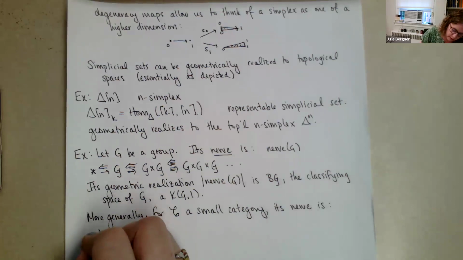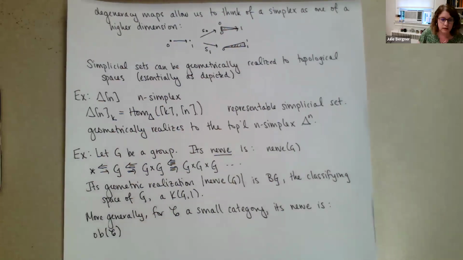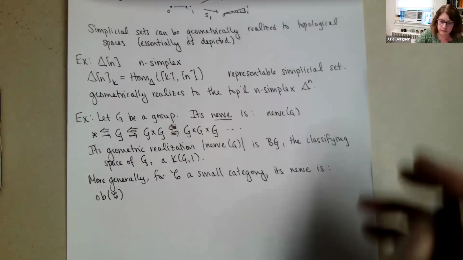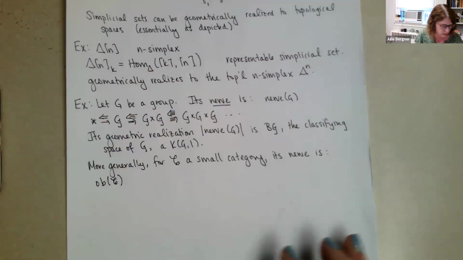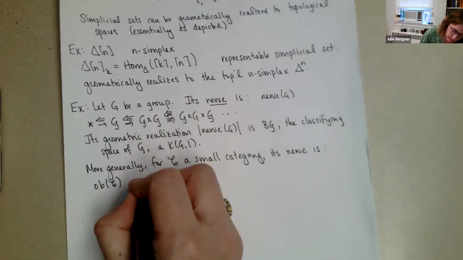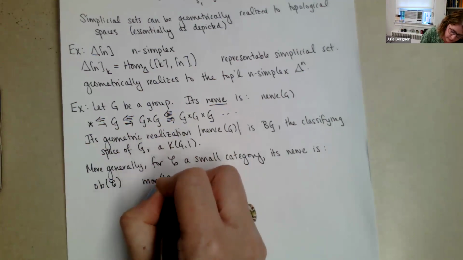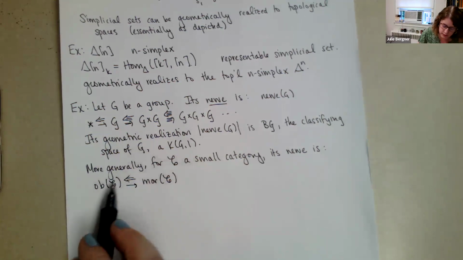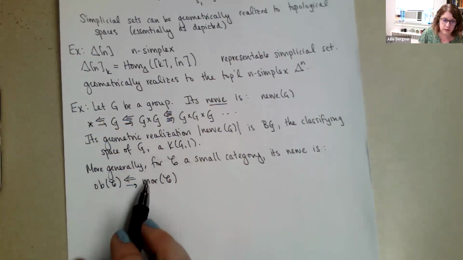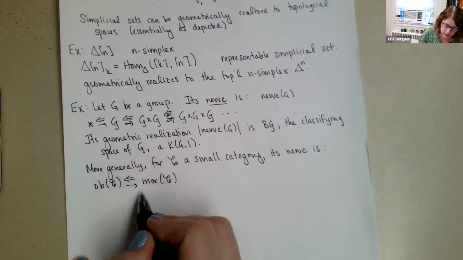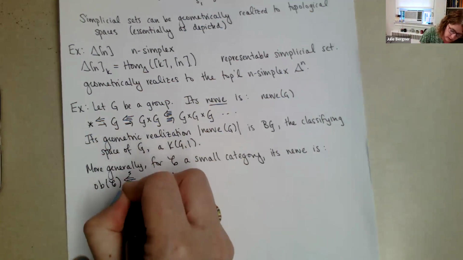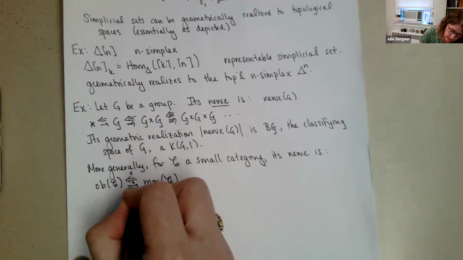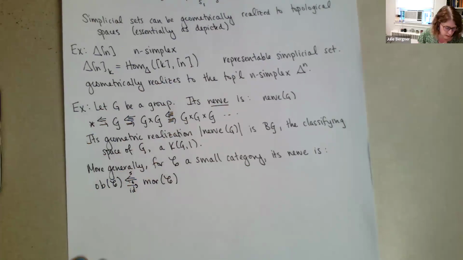Now we put all the objects of C as the 0-simplices, and as the 1-simplices we put all the morphisms. Our two face maps are just the source and the target, and the degeneracy is the identity morphism on an object.